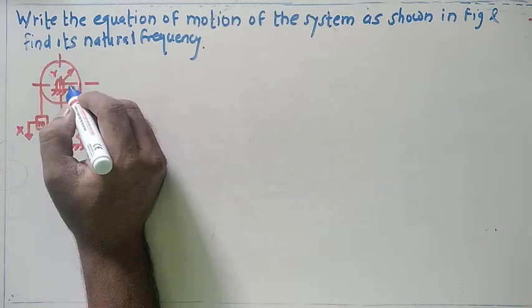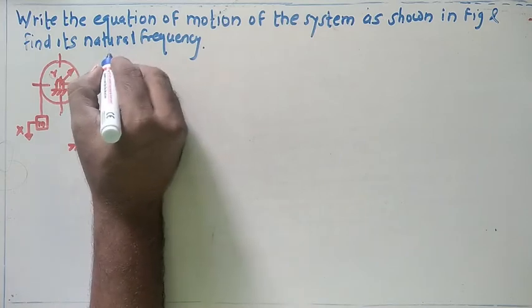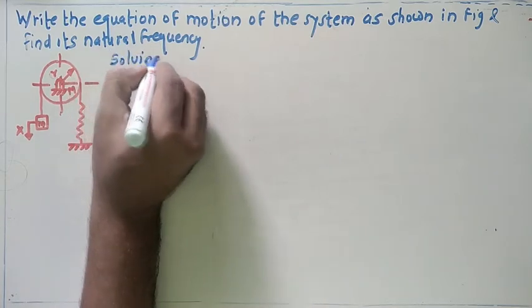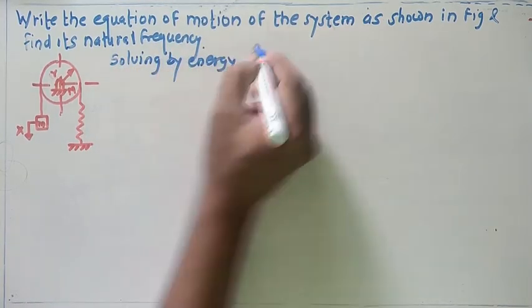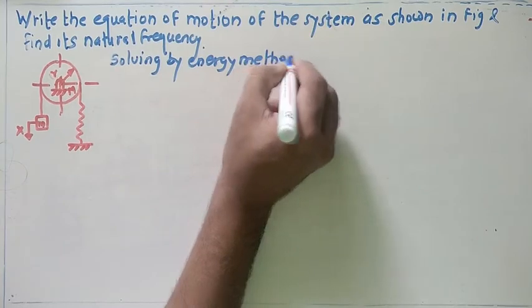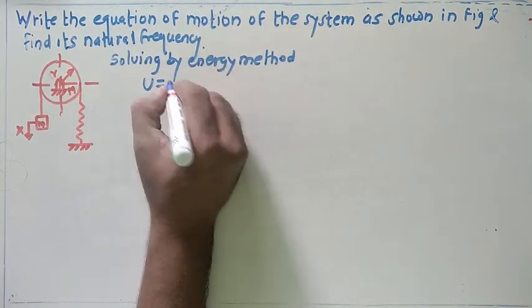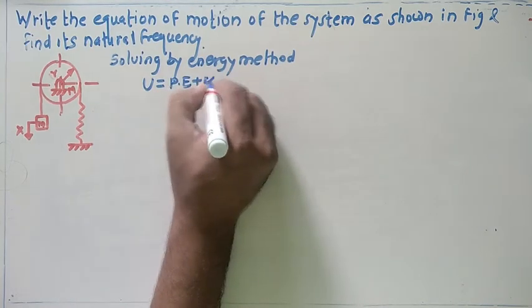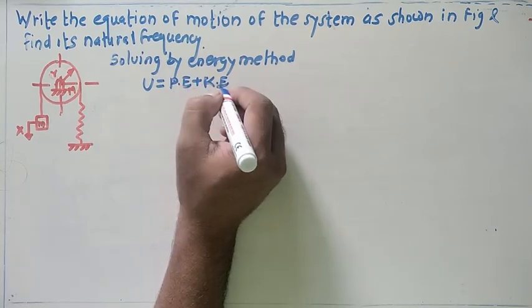So we can solve this problem step by step, solving by the energy method. We know the total energy consists of potential energy as well as kinetic energy.